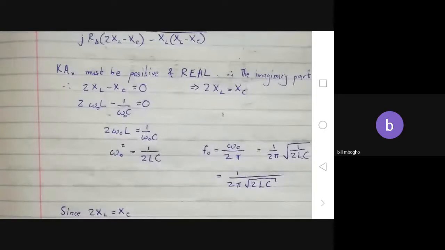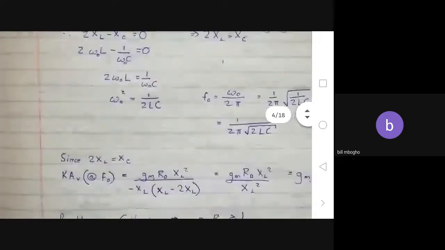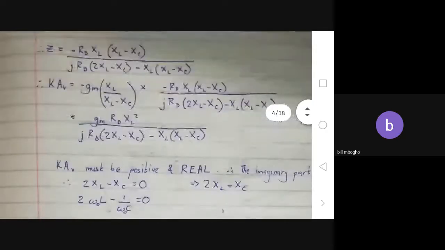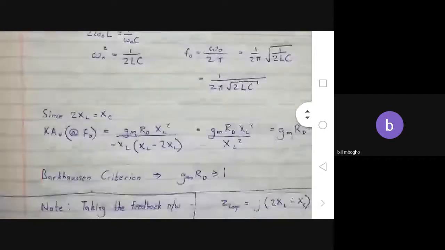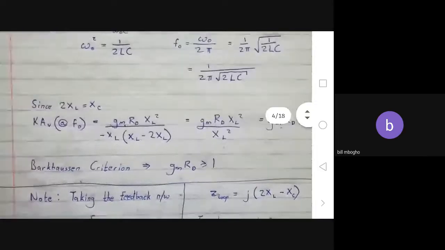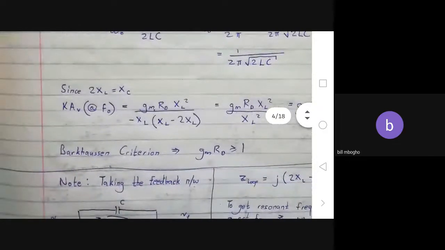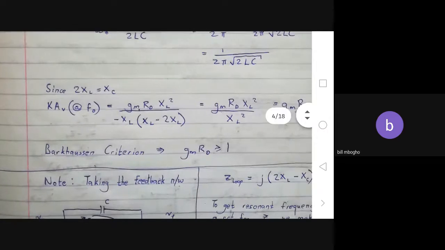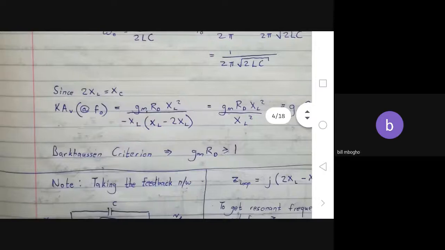So with that, you can replace it into the KAV equation that you had, and you'll get the KAV at resonant frequency. Because it's an oscillator, it has to obey the Barkhausen criterion, which is KAV must be greater than or equal to 1. So that's how it's been proved.